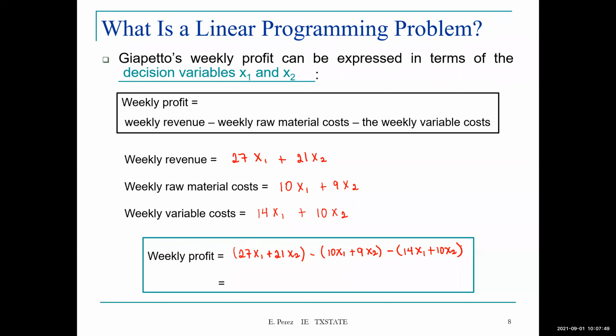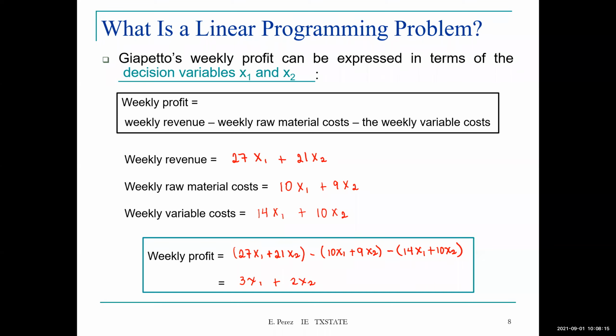And if we solve this, you can subtract 27 minus 10 minus 14. That is going to be 3x1 plus 21 minus 9 minus 10, that is 2x2.